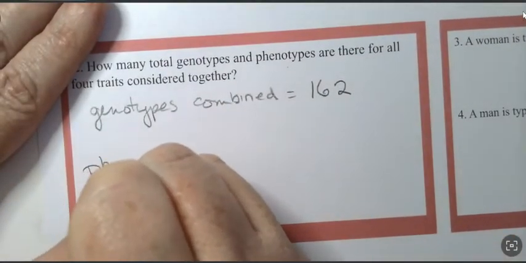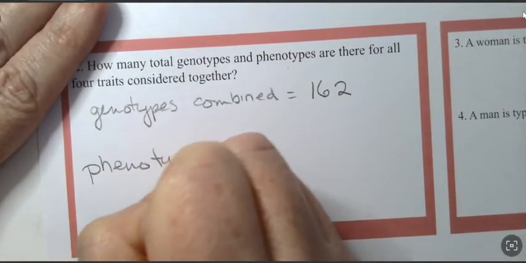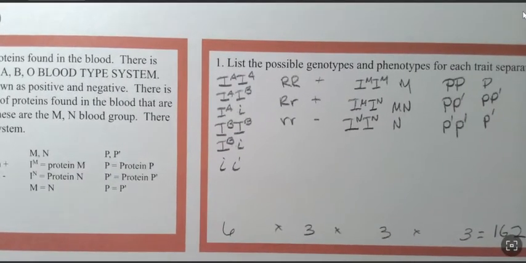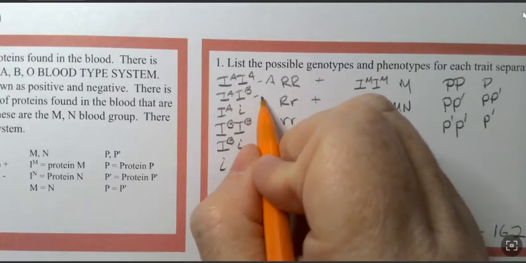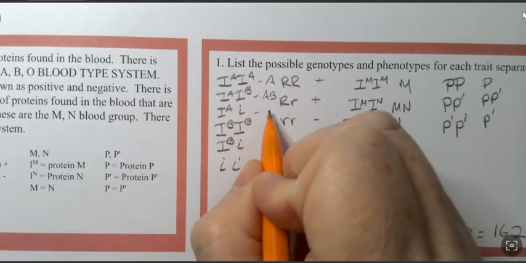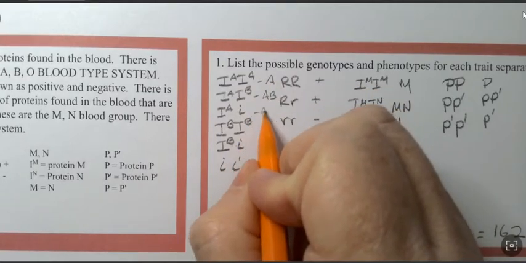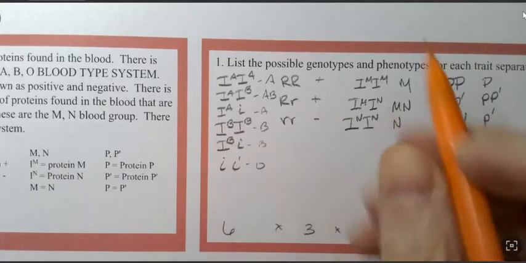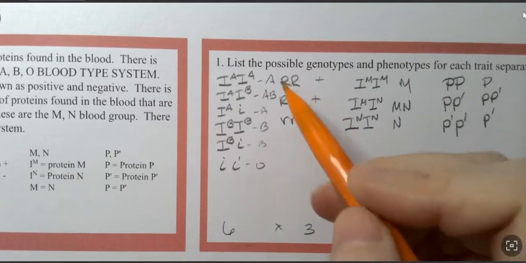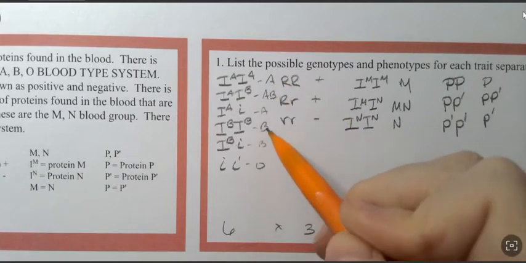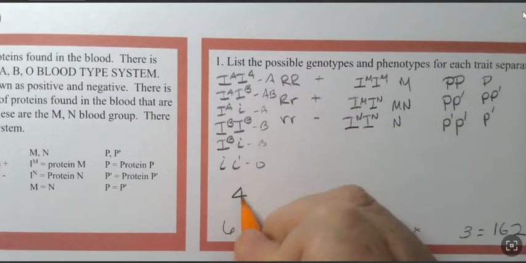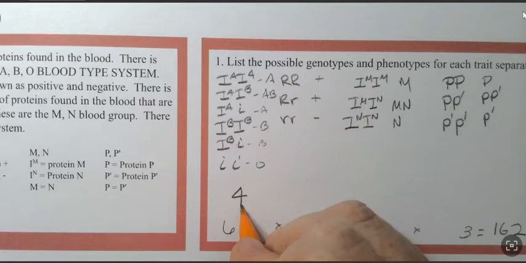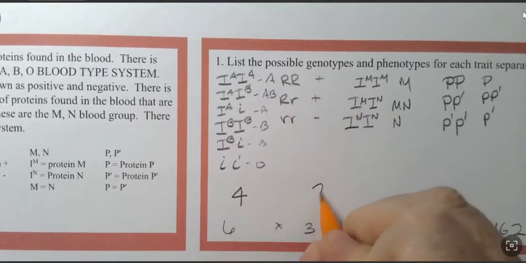Okay, now if we go for our phenotypes. Oh, I forgot to write them down here. So this one is A, AB. That one's A, but I've already got it. This one's B, this one's B, this one's O. So how many different ones do I have? I have A, AB, B, and O. So I have 4. How many different phenotypes do I have here? 2.